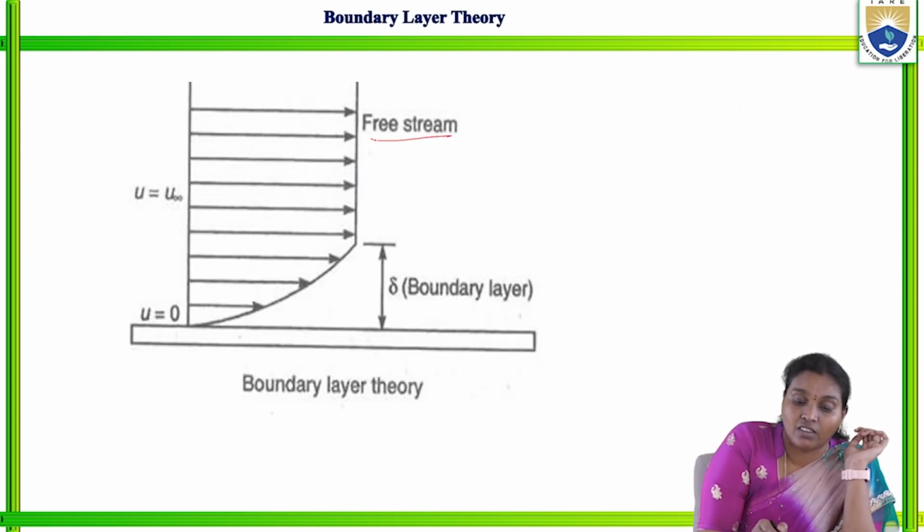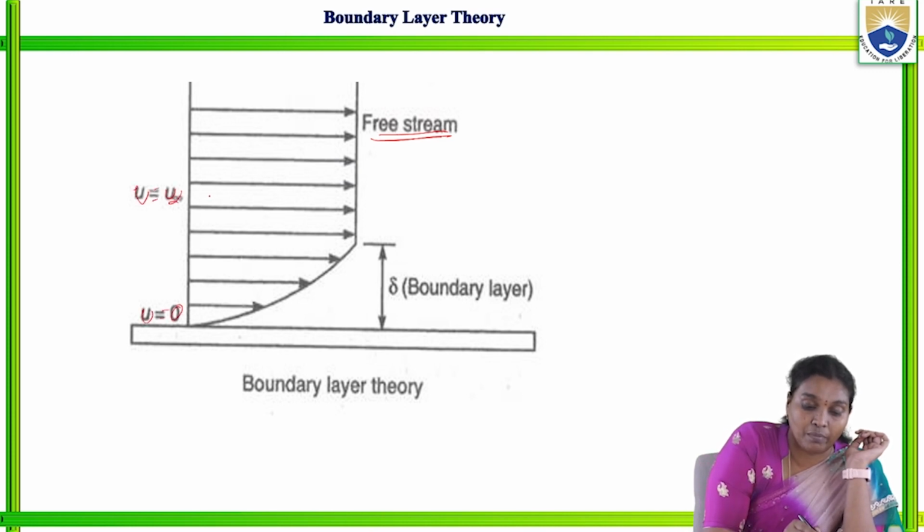So this is the free stream velocity. U is equal to 0 at the boundary, and U is equal to U infinity at the free stream.